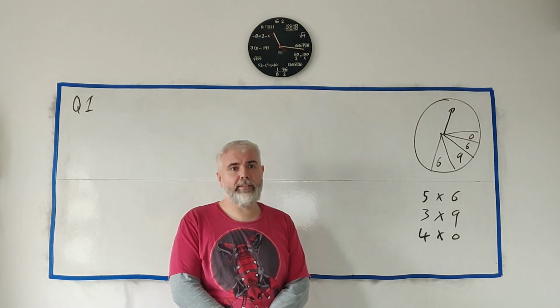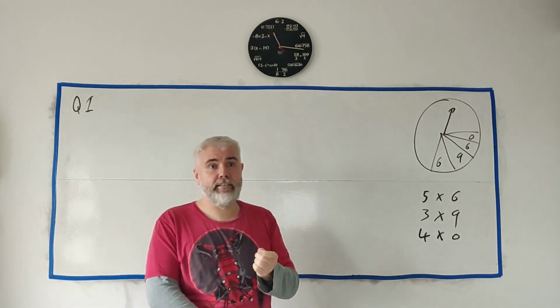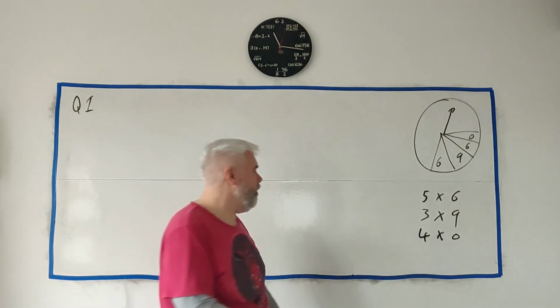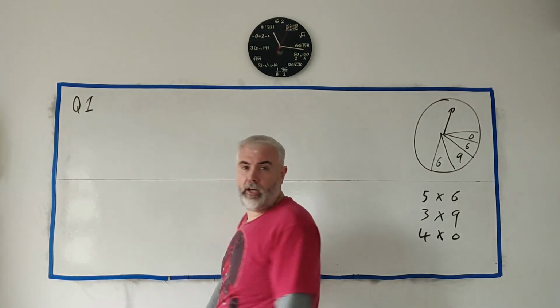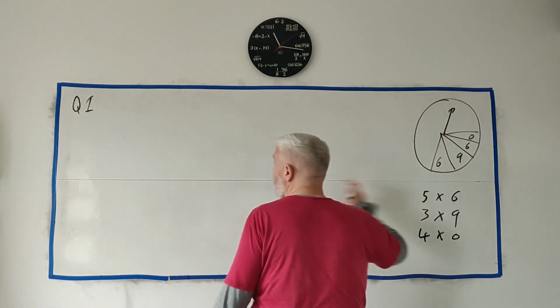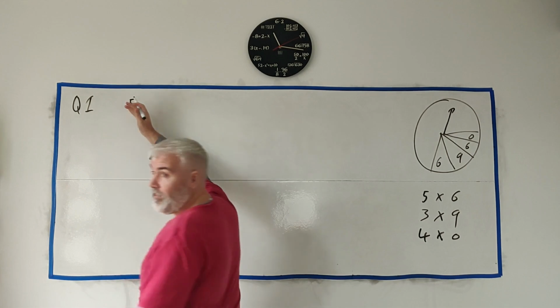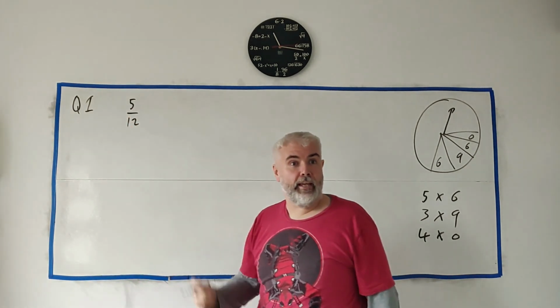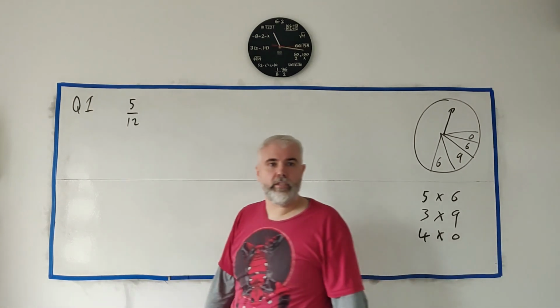Work out the probability that Fiona gets 6, then 9, then 6 in her first 3 goes. So the probability on her first one being a 6, let's see, 6 is 5 out of 12. So there's 5 6s out of a total of 12. That'd be the probability of getting a 6 if you did it once.